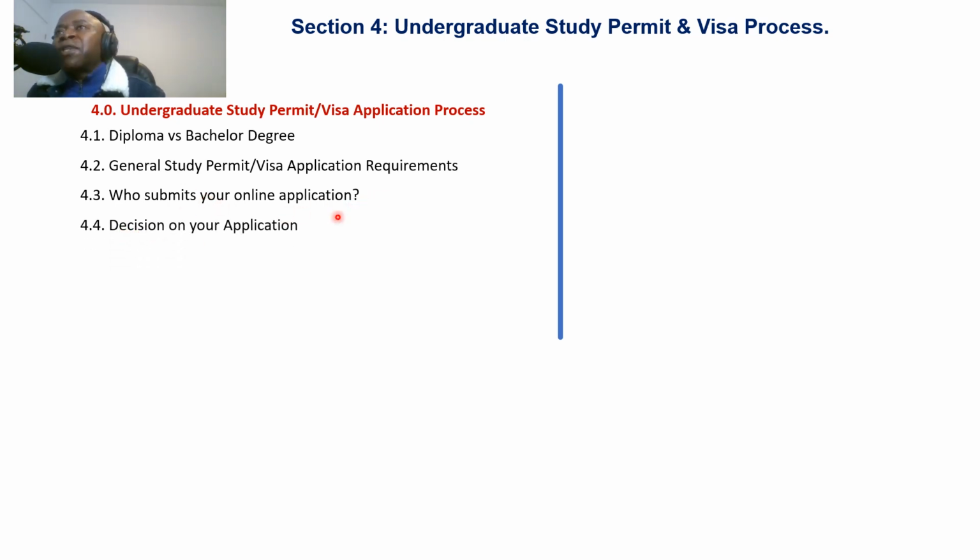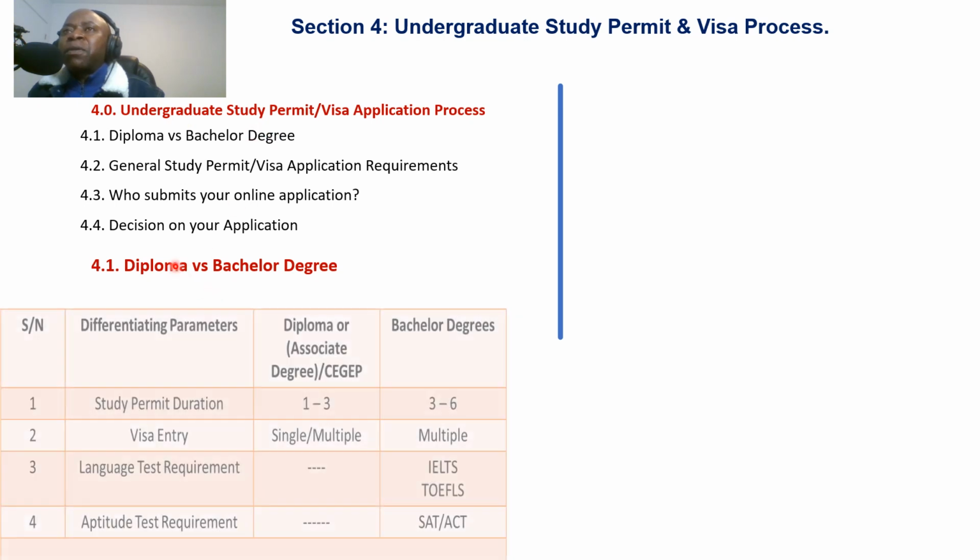After submitting it, you wait, depending on the country, another 3 months, sometimes 4 months, for the embassy or the high commission to make a decision or determination on your application.